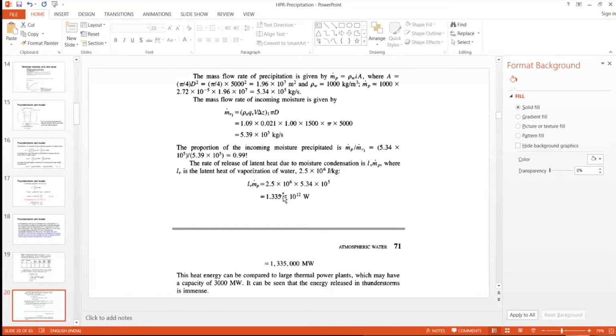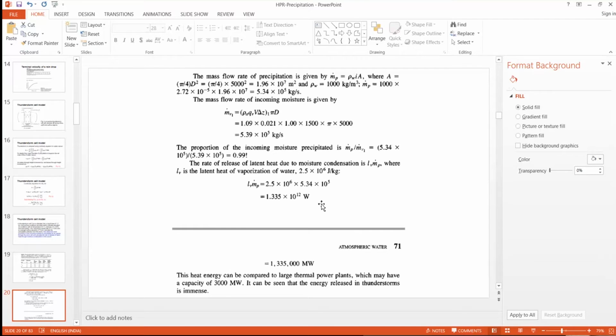Now we can calculate the release of latent heat, because when this water vapor condenses as a liquid, it releases latent heat. The latent heat of water vapor is given as 2.5 into 10 power 6 joule per kg, and m p is the mass flow rate of rainfall, that is 5.34 into 10 power 5.